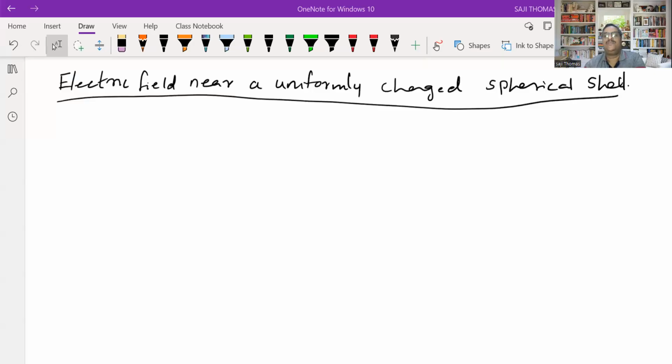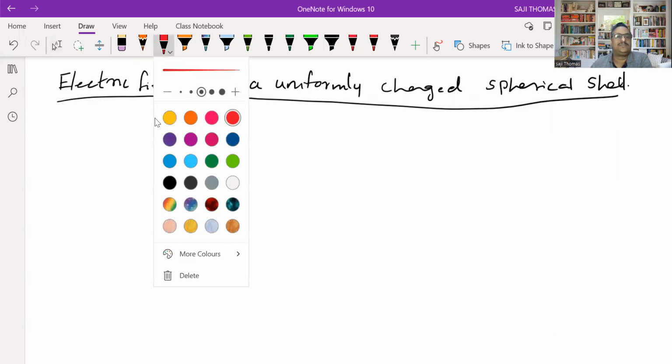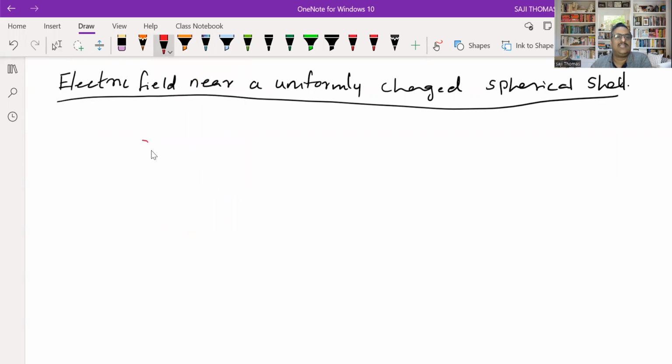So first we imagine a uniformly charged spherical shell. See, this is a uniformly charged spherical shell. Charge is plus Q on the surface.